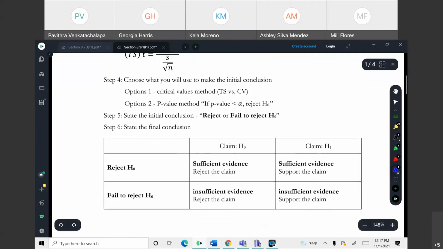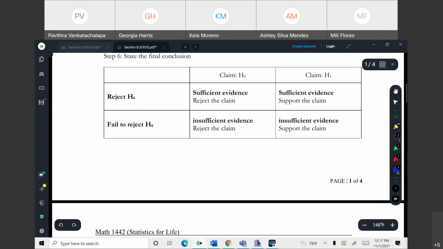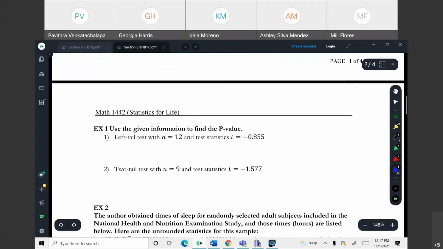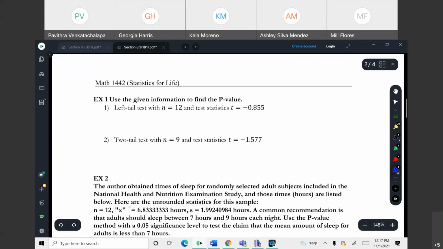Okay, now let's start with example 1. This is quite easy. They say it is a left tail test, n is given, the test statistic t is also given, find out the p-value. So all you have to do is use normal CDF.